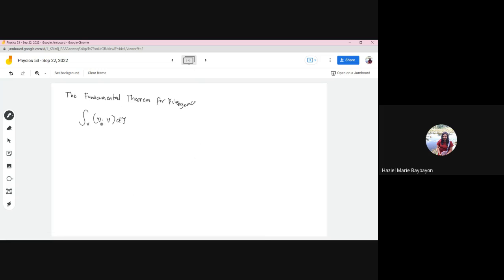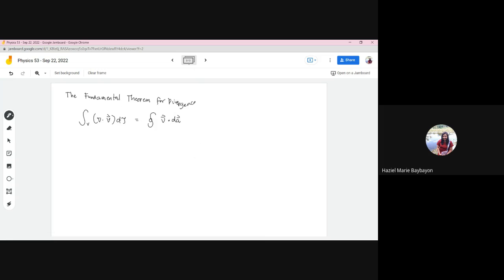This is the divergence of a vector function v multiplied by d tau. This is equal to the closed integral of v dot dA. Whenever you see a volume integral of the divergence, it is the same as taking the closed surface integral of the vector.